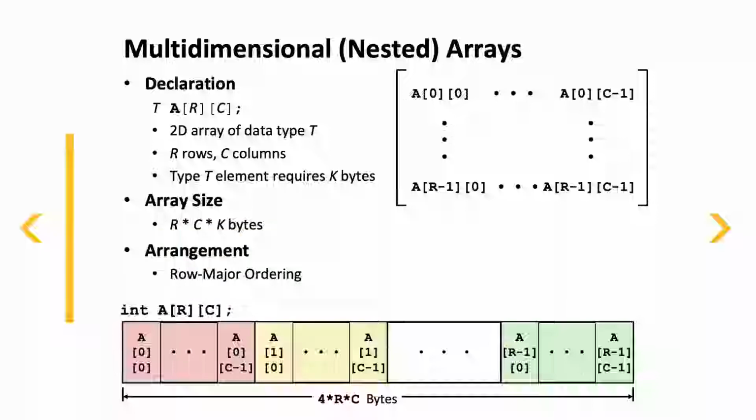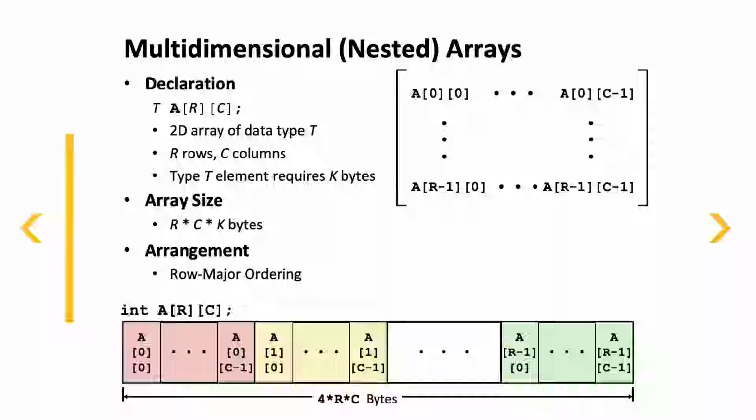And the arrangement is actually pretty straightforward too, assuming that we're dealing with row major ordering, where basically all the rows are stored together, as opposed to column major, where the columns would be stored as single entities. What we'll have is still just a one-dimensional, right? We're just going to lay the bytes out from one end to the other, and we're just going to lay all the entries, all the columns in row 0 together, followed by all the columns in row 1, followed by everything in row 2, all the way up to row R minus 1.